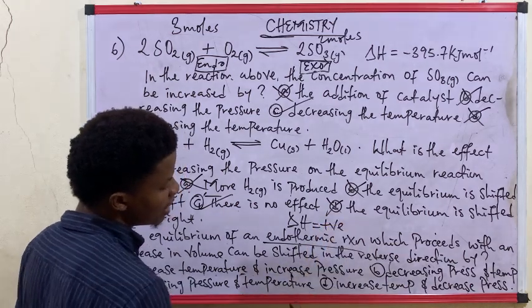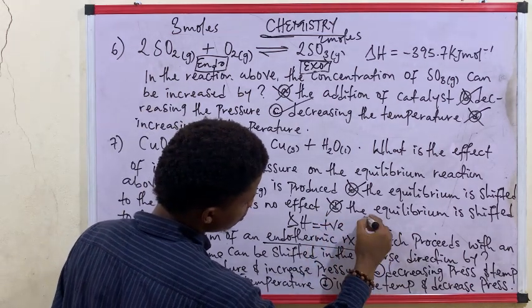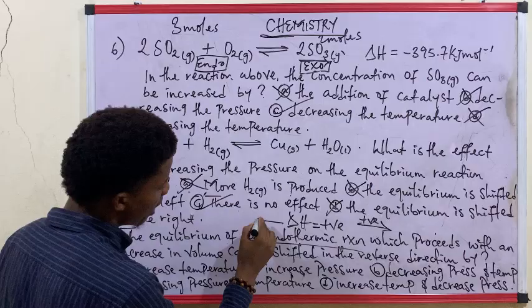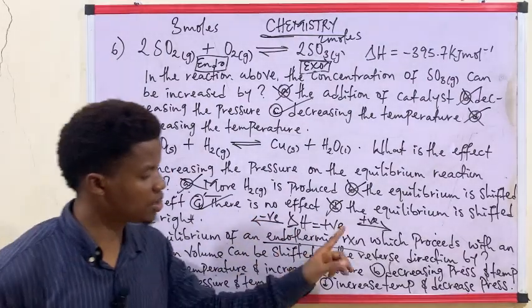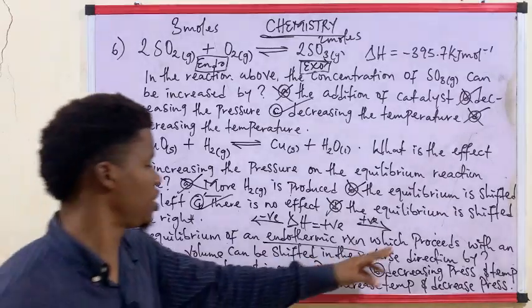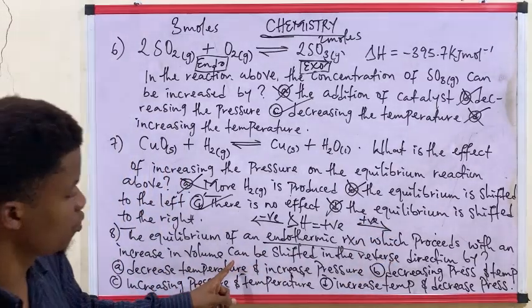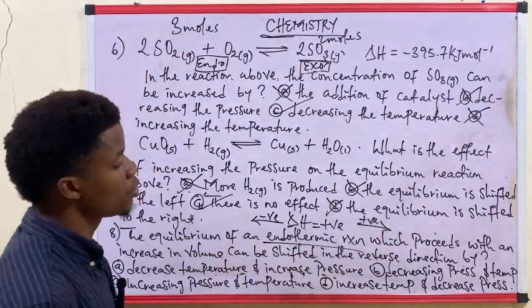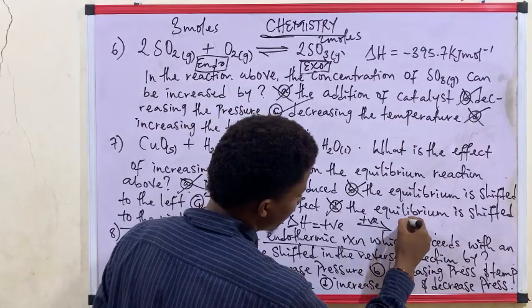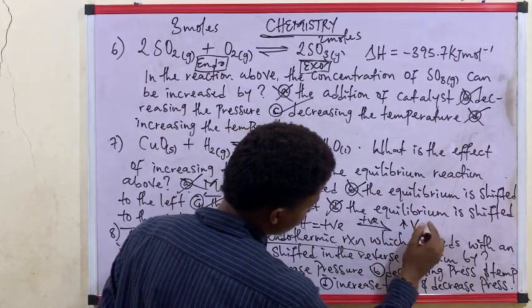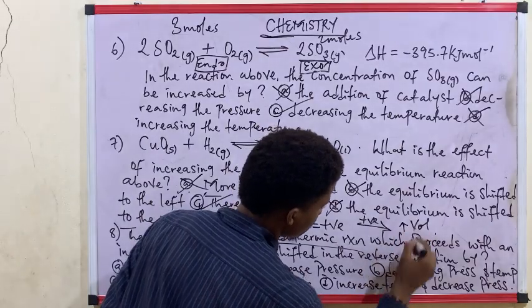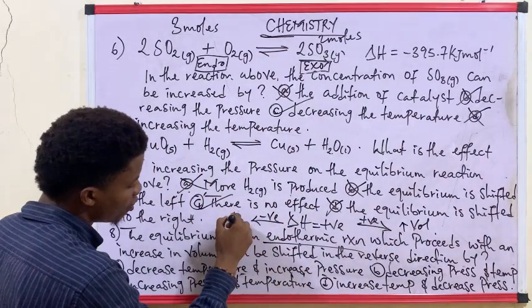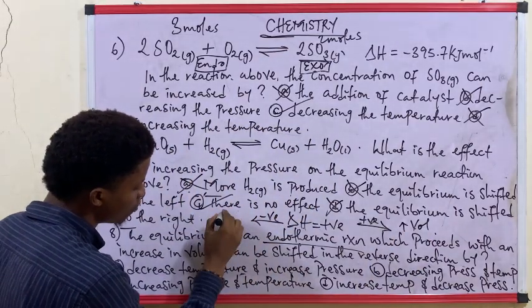This simply means that the forward reaction is positive and the backward is negative. Now it proceeds with an increase in volume. So therefore the forward direction has a higher volume, while the backward direction has a lower volume.